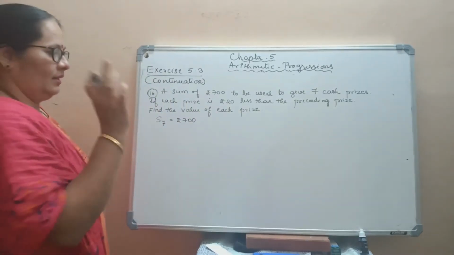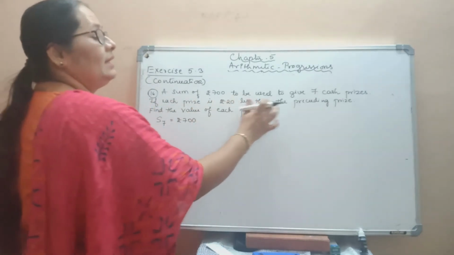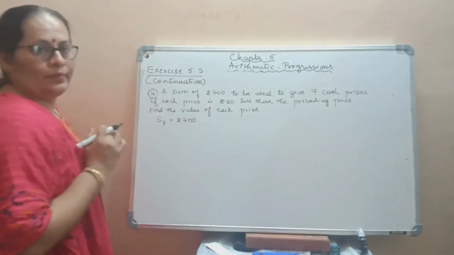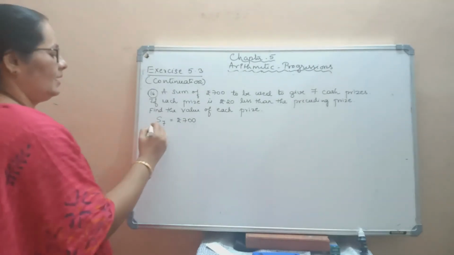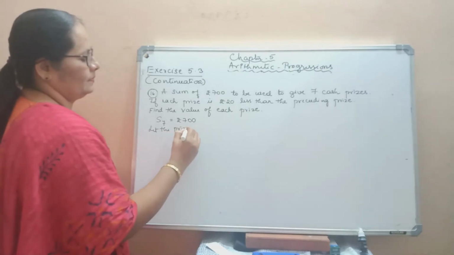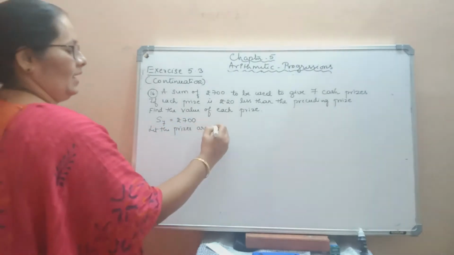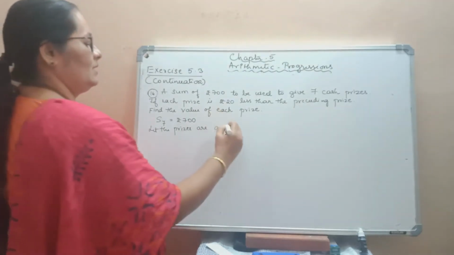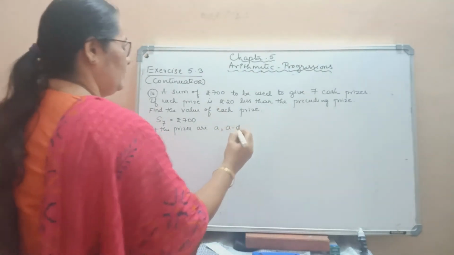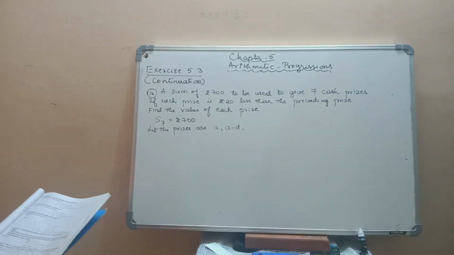Then, with the condition that each prize is rupees 20 less than the preceding one, let the prices be: the first one is A, the next one is A minus D, 20 less. So the difference is 20 here.